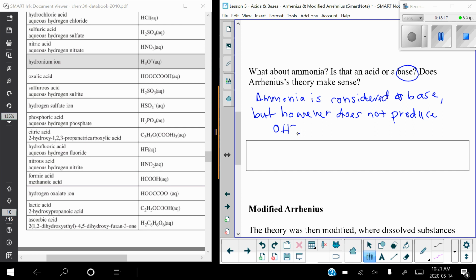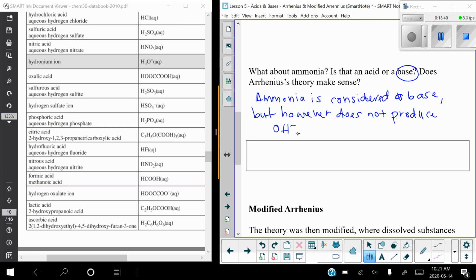So was Arrhenius' theory actually correct? Then we had to modify this theory because we know ammonia is a base. When we test it with pH paper, it turns out to be a base, but it does not produce hydroxide. So how is it that it is a base but is not producing hydroxide?